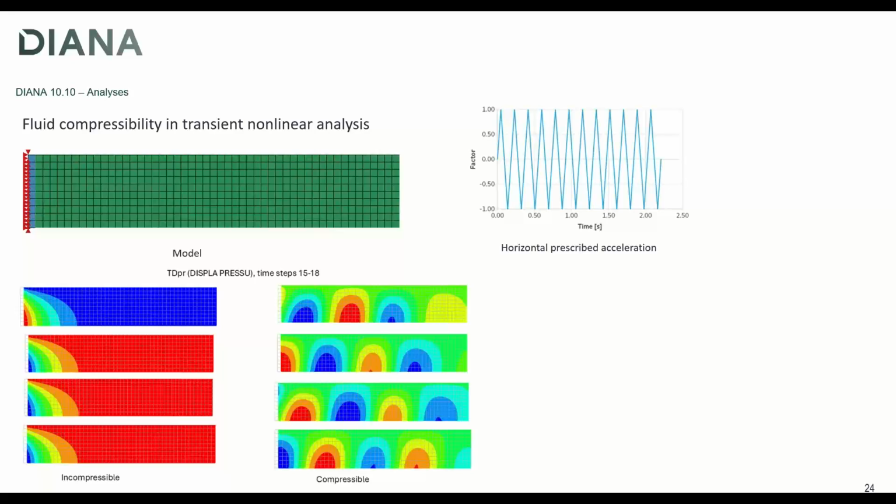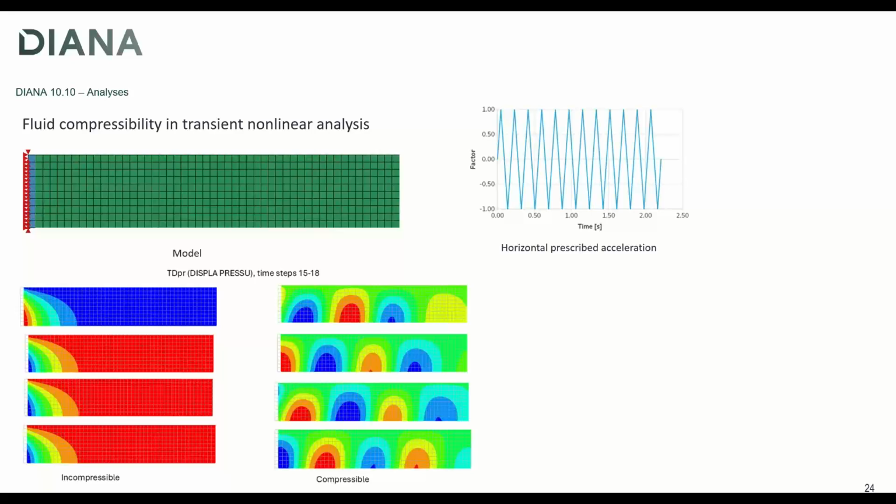Yeah, this is an analysis feature. In the past, we didn't have the compressibility effect in transient nonlinear analysis, and now we made the extension, so fluid compressibility can also be considered in transient nonlinear analysis. In many situations, the effect of compressibility may not be prominent.